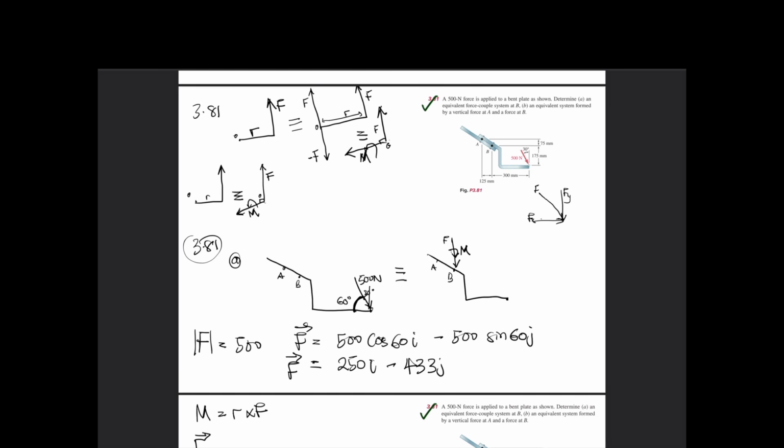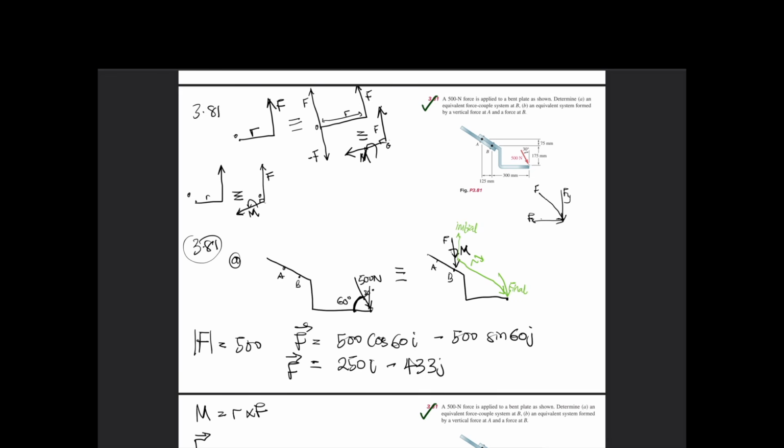So for this, the distance of our r will be directed towards this point. It's going to be directed towards the initial force. So this is going to be our initial point, and this is going to be our final point.